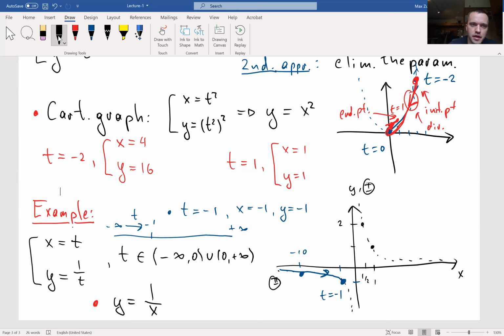And you can see that if you take the first interval, t between negative infinity and 0, you're going to get the second branch over here. So this is the branch when t changes between negative infinity and 0. And if I make my t change between 0 and positive infinity, I'm going to have this branch.